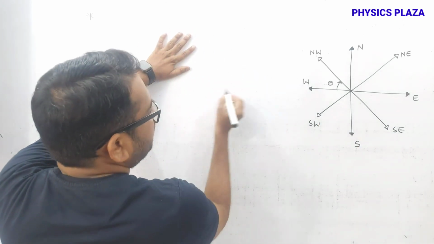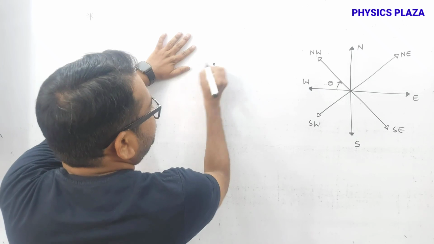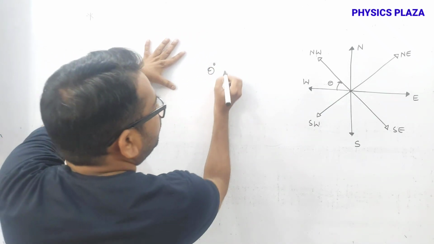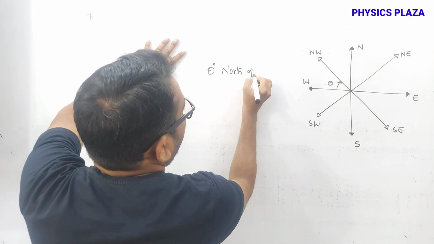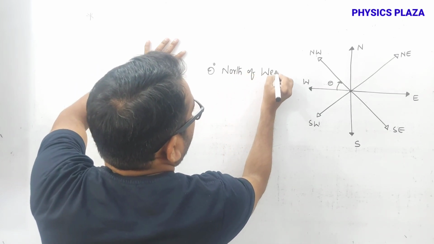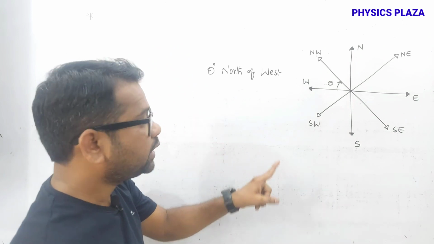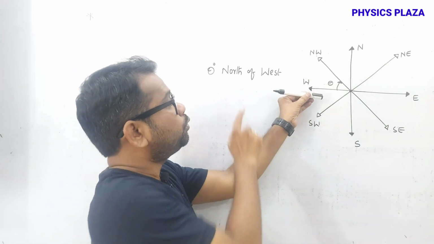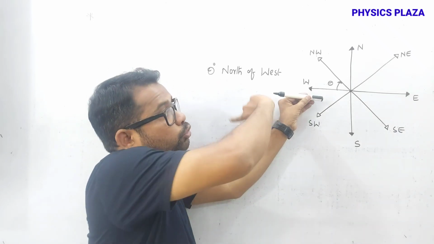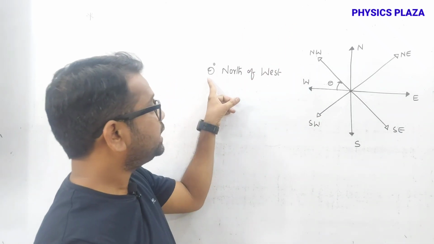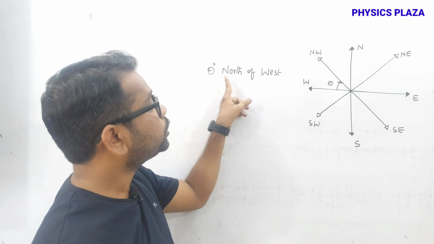I have to read it like this: theta degrees angle north of west. Very important. North of west means that the particular vector is moved from west towards north. Then only we can say there is theta degrees north of west.